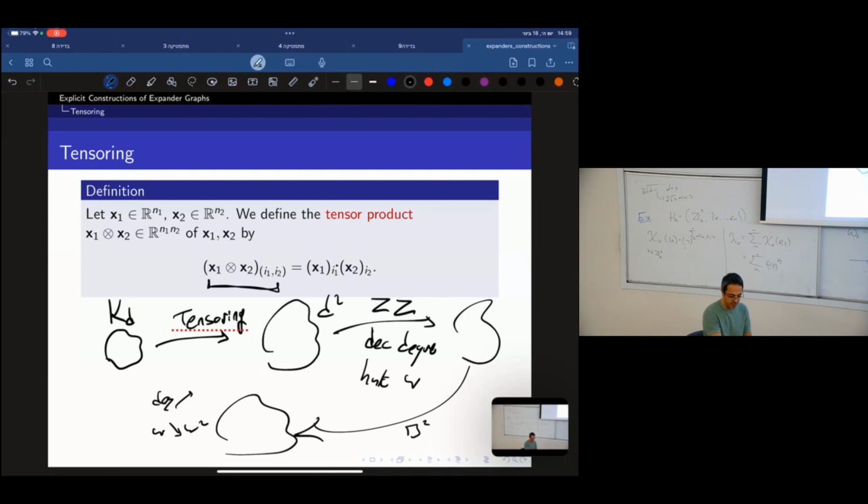In the definition that I'm not talking about now, we'll define the tensor between vectors, which will give you a big vector. And it's just a matrix because it has two indices. No, it's a vector. I mean, you can write it as a matrix, but you don't want to think of it as a matrix. You'll also do it to matrices. You take two matrices and take their tensor, and you get a big matrix like that.